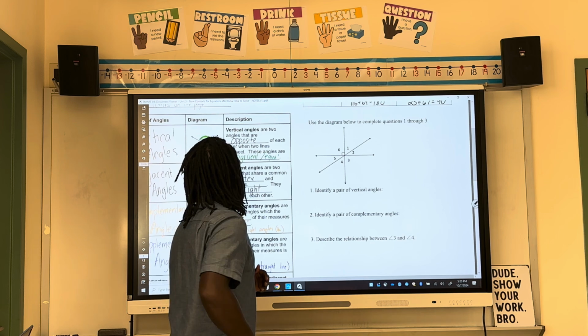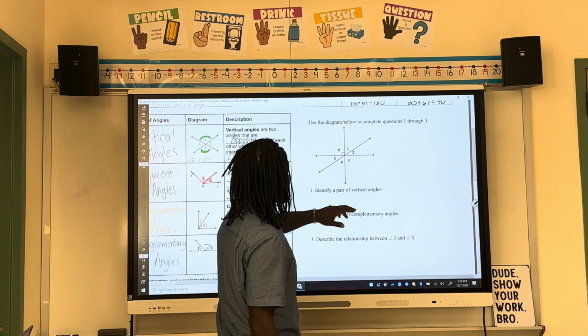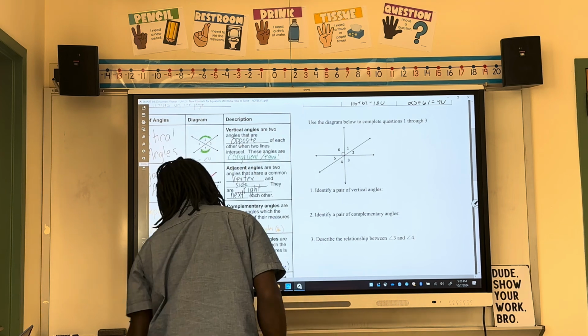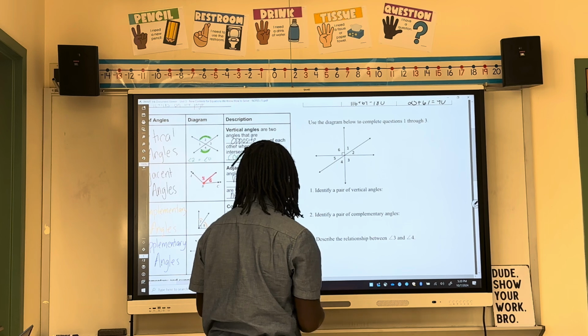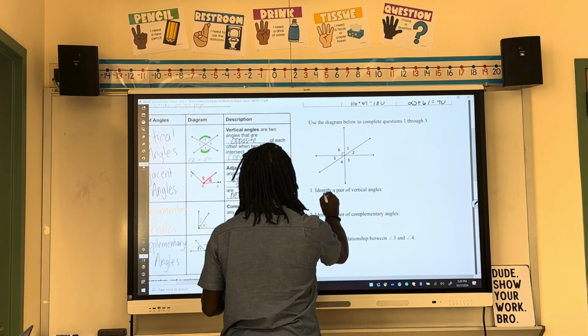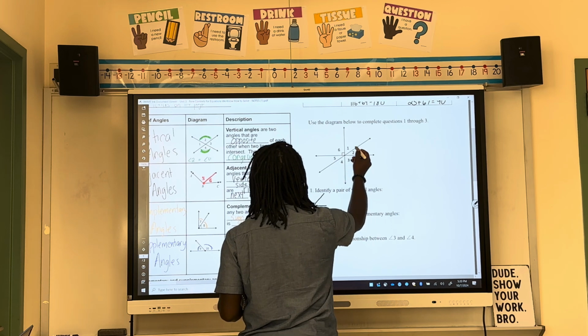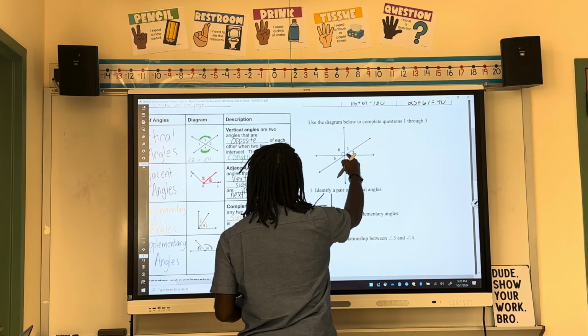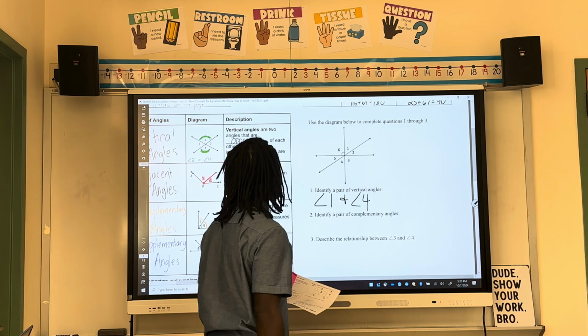For number 1, there are a couple different answers that you could have put, so I'm going to give you all of them. When you identify vertical angles, those are angles that are across from each other. Angle 1 is across from angle 4, so you could have put angle 1 and angle 4.